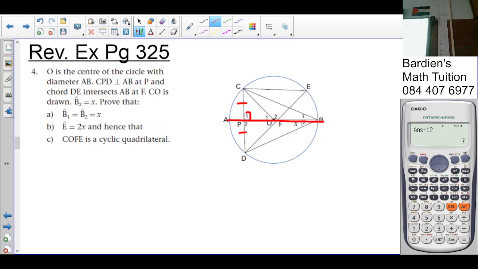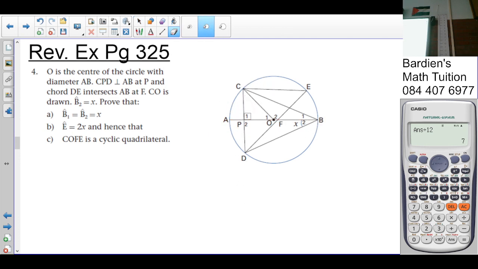Why is that the case? Perpendicular from center to chord bisects chord. Okay? Then we are told that ED and AB intersect at F, which is this point here. CO is drawn, B2 is x, prove that B1 is equal to B2.